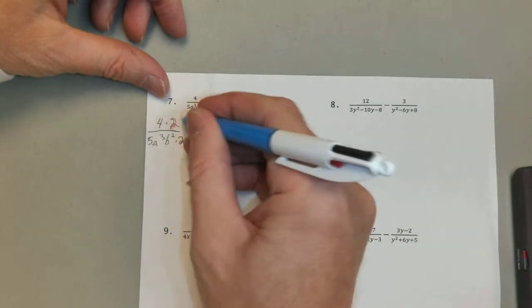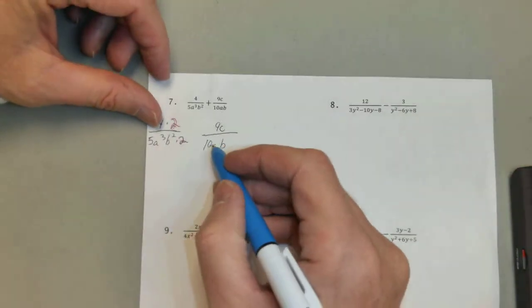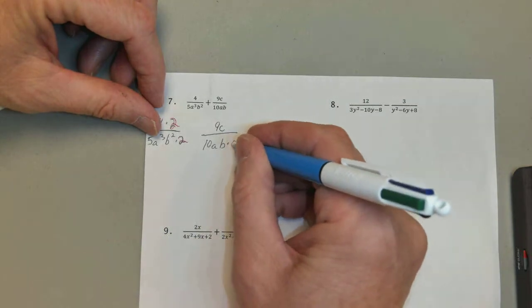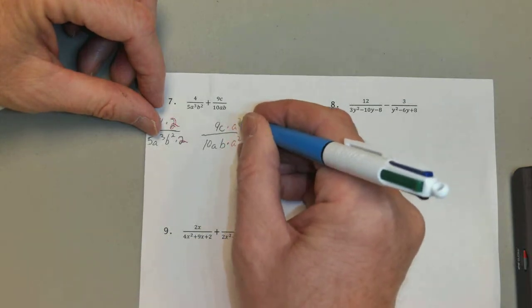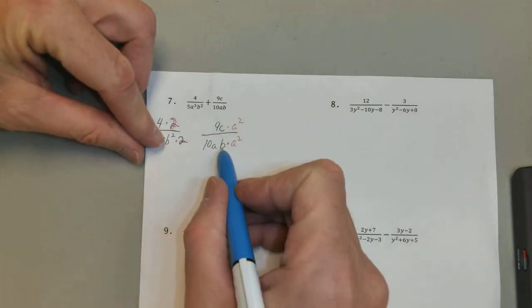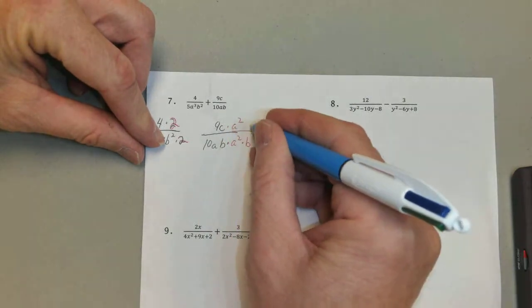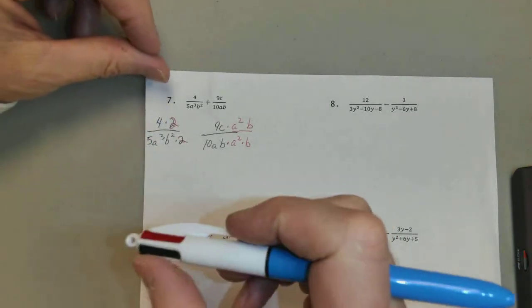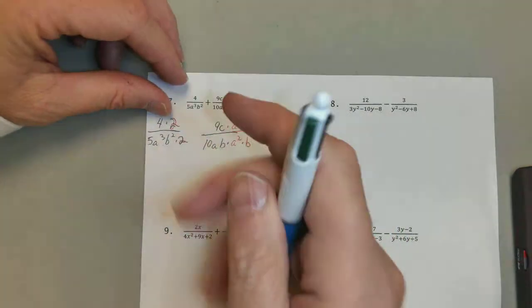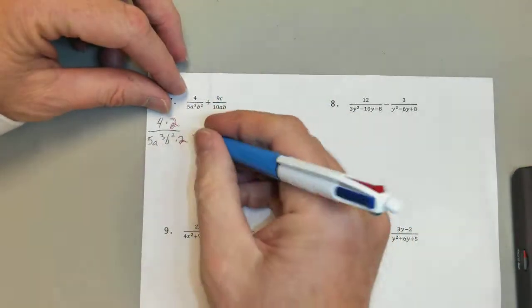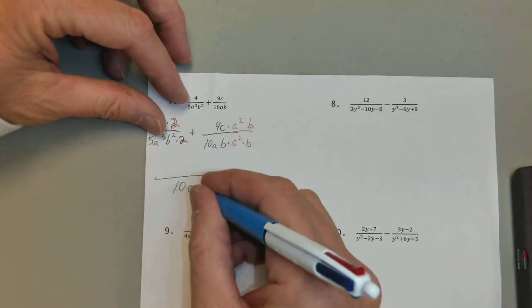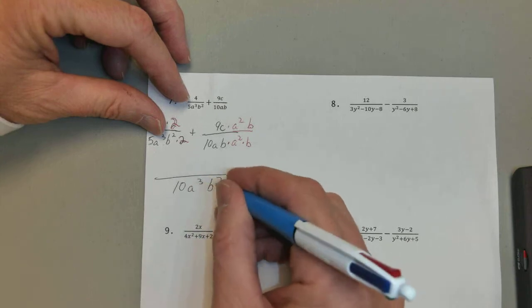Change colors. Now on this one, I have a to the third, so I need a squared. I have b to the second, I need another b. So we have the common denominator of 10, a to the third, b to the second.